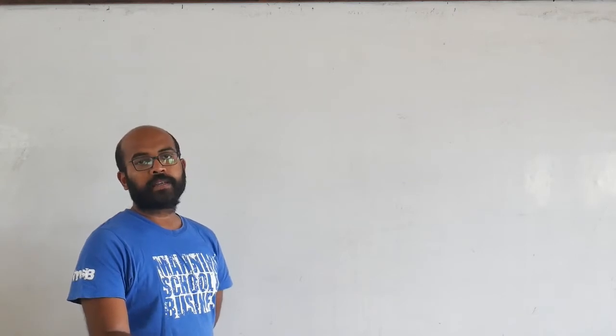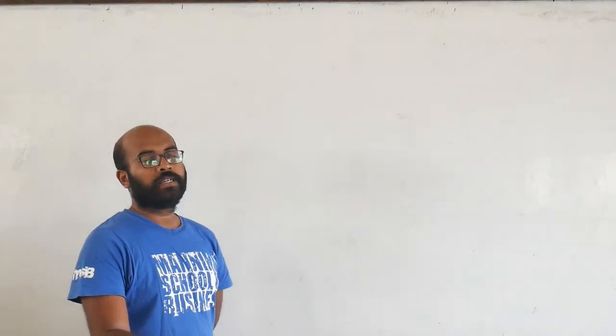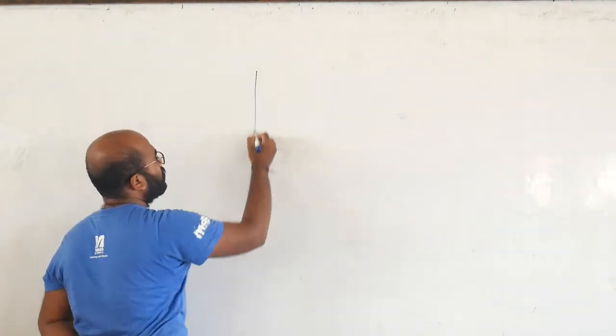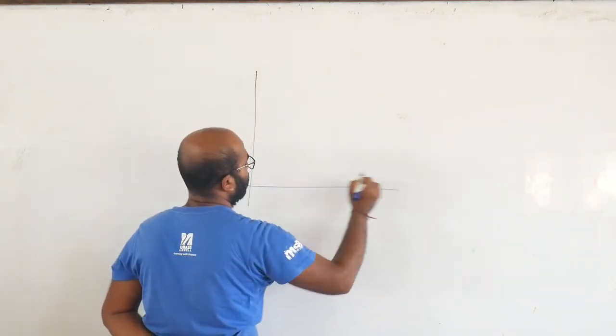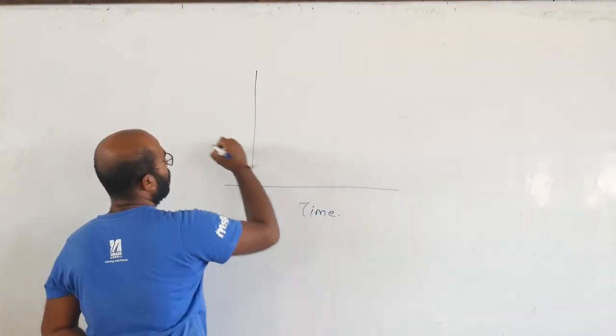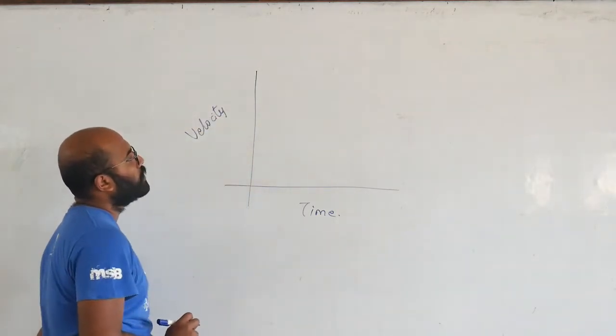So in today's class we will see two basic equations. In the next class we will see one more equation and solve some problems related to that. So first, when we take a graph, this is time and this is velocity.